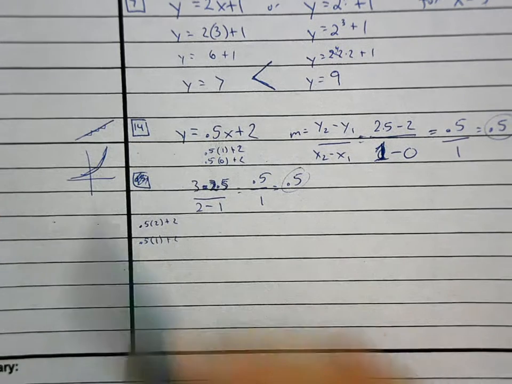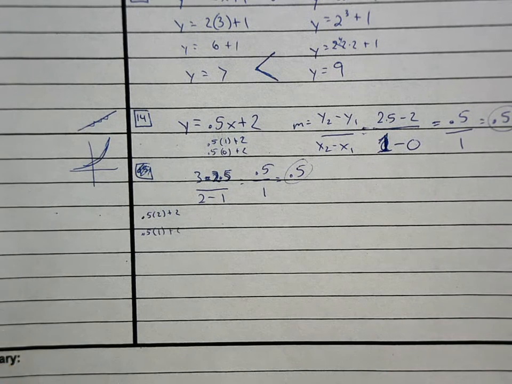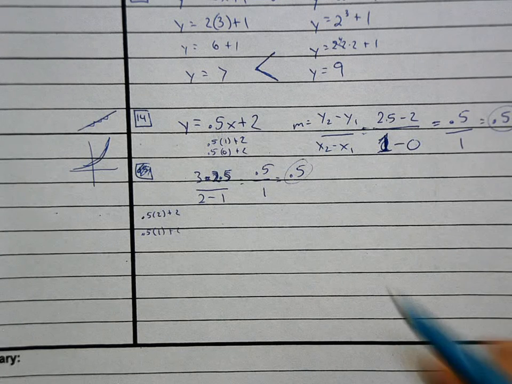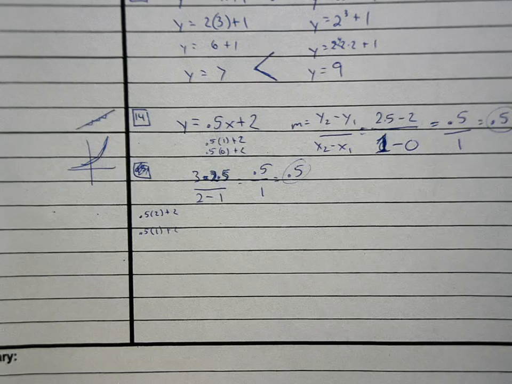One's going to be the same, one's going to be different. And you're not going to be able to tell until you mathematically figure it out. If you need more help with 14 and 15, I want you to ask questions to the substitute or to the person sitting next to you, because I believe that they will know how to do it.